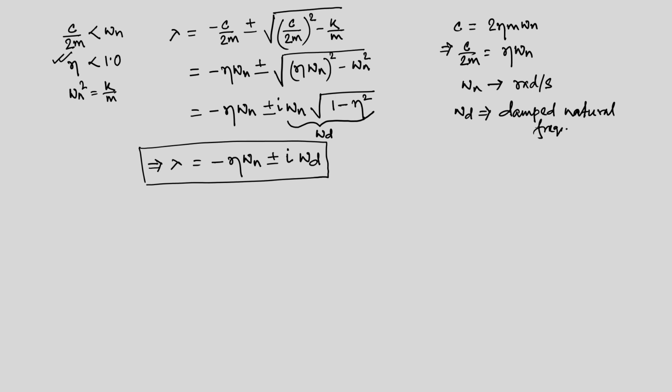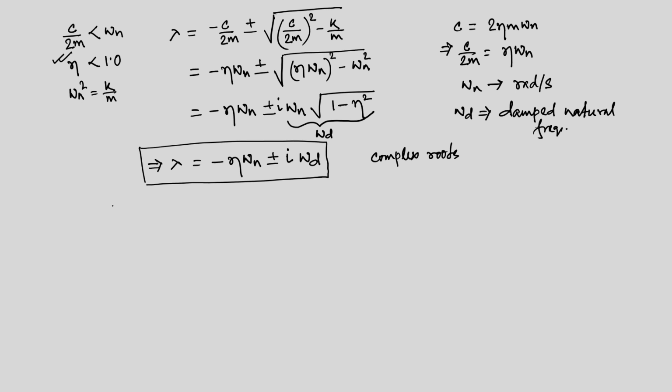So, the first conclusion is that in this case we have two distinct roots, but these are complex. Now we can write down the solution.